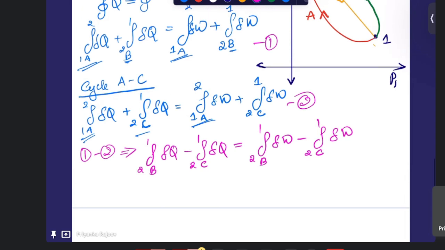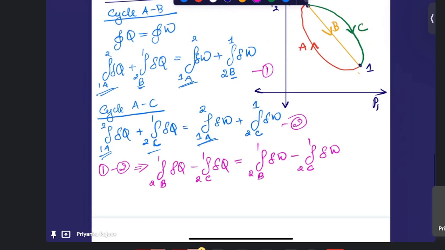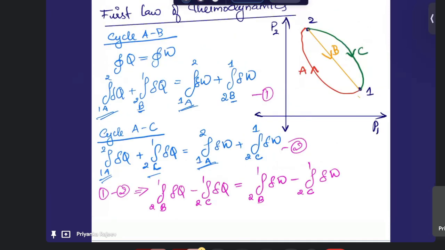Okay. So we are just taking this 2 to 1 because that is the only change that is happening. Whereas for both cycles, it is going from 1 to 2 over this A path itself, right? So this part got subtracted off, and you are only calculating the change of the system when you are coming through path B and path C.